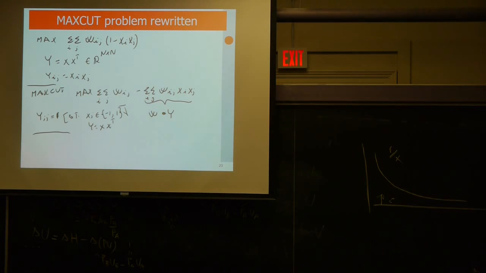So if Y is x times x transpose, and we know that xj can be -1 or 1, it's the same as saying that Y is x times x transpose, and the diagonals of that Y are all 1s. Okay?